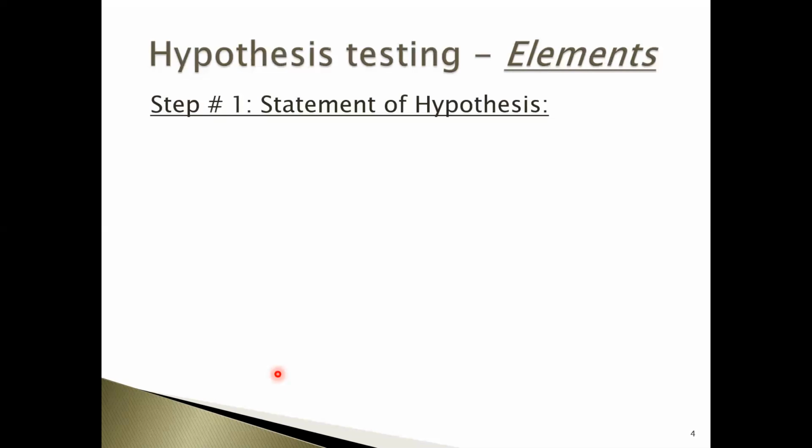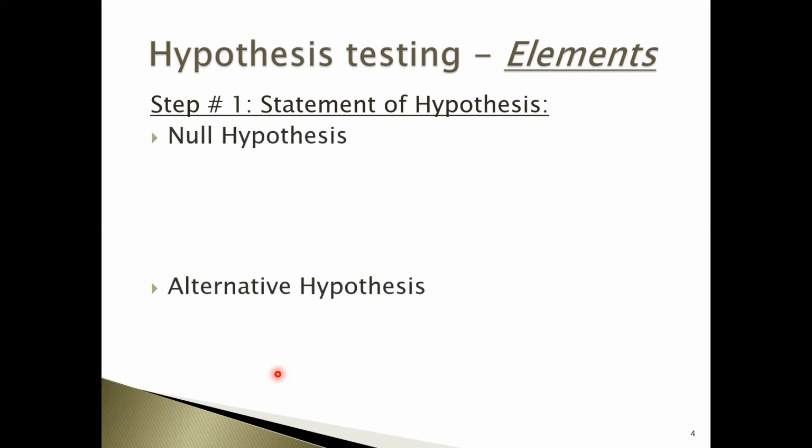So the first step is making the statement of hypothesis. We make the statement based on both possibilities: the statement that contains the parameter value, or the statement that does not contain the parameter value.